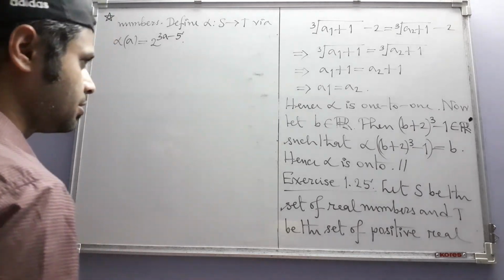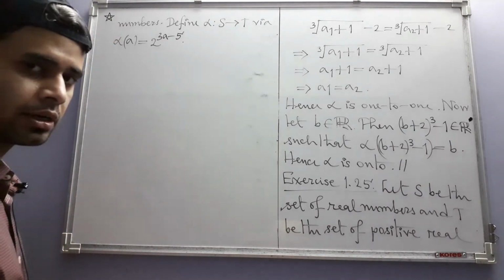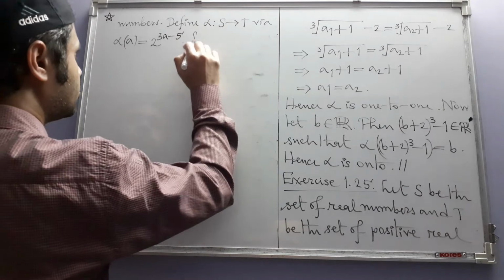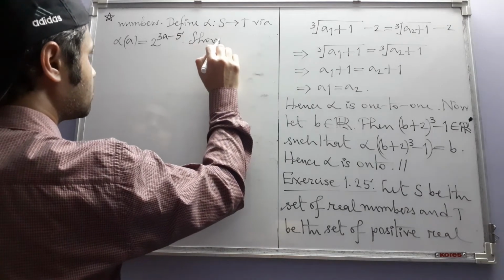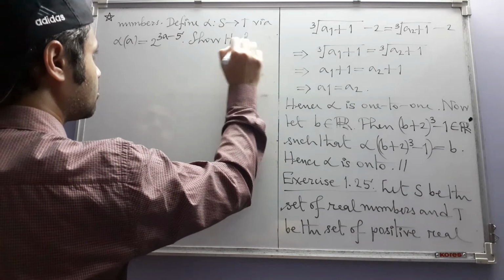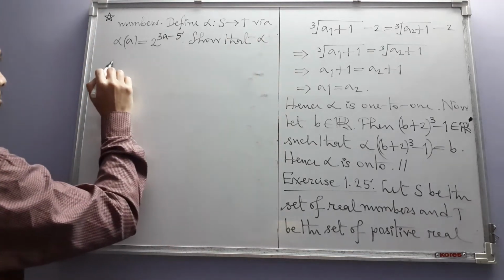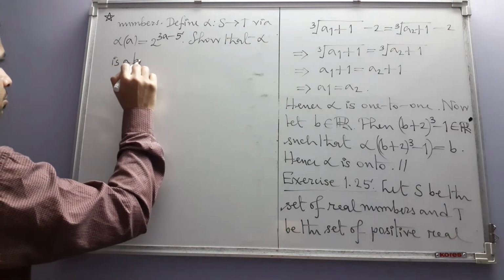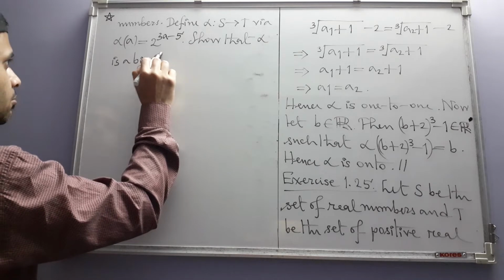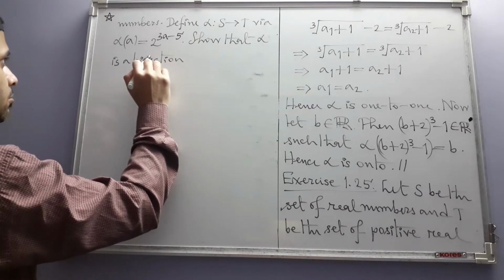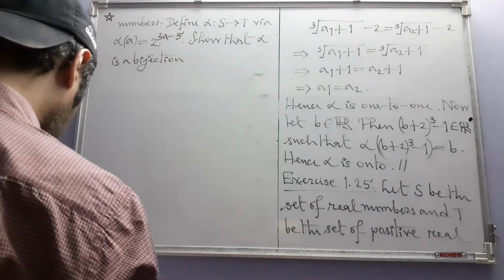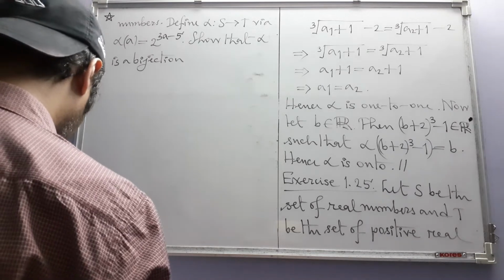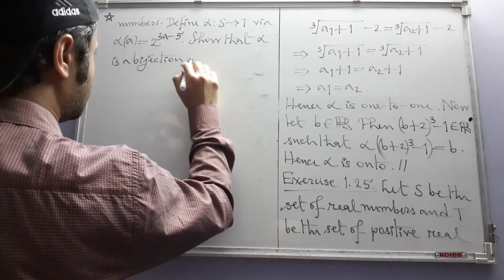That means alpha is both 1 to 1 and onto.